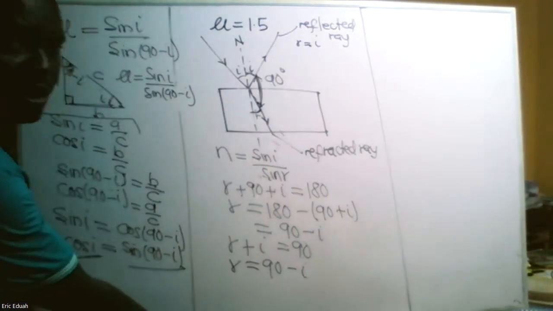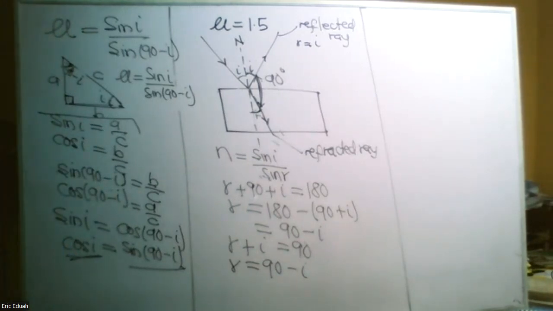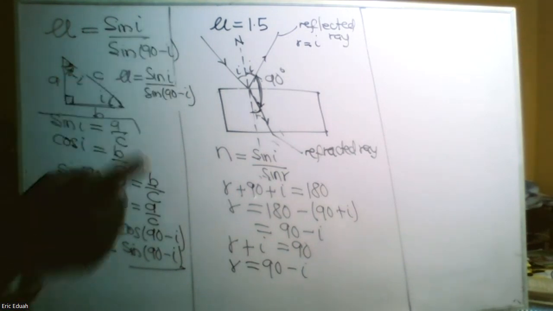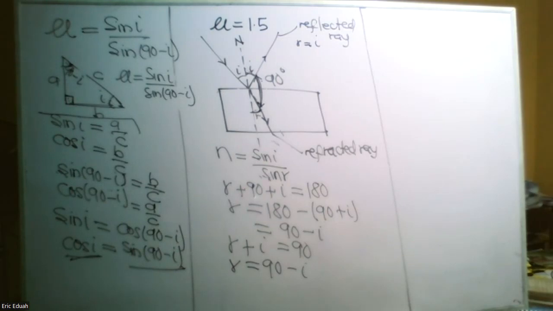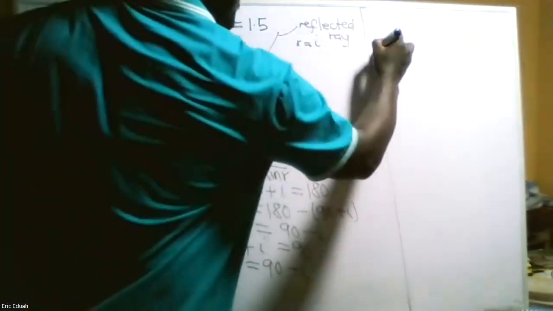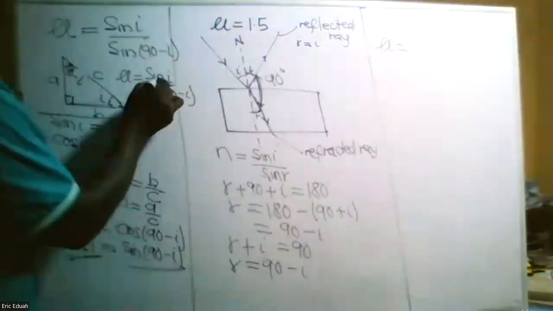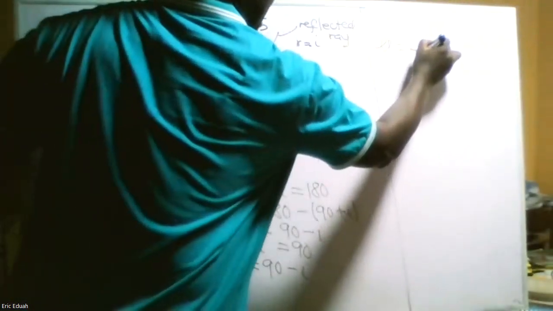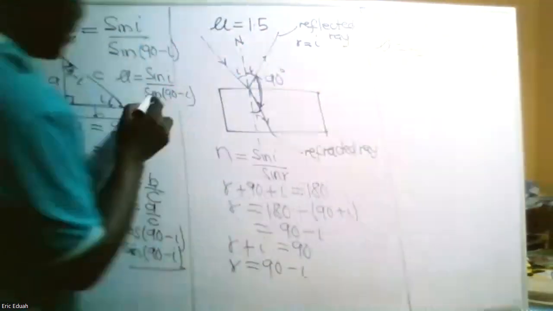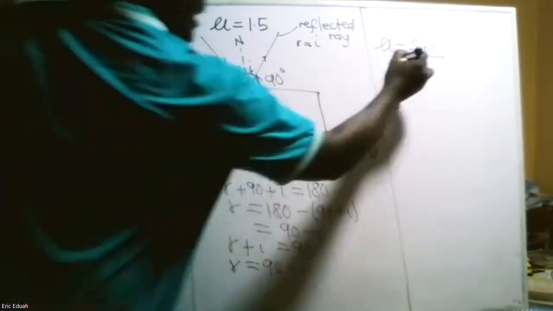Miss Adia, please can you go over the deduction and the proof of sine 90 minus I? Let's finish, I'll come back to it. So we have the refractive index sine I over cos I.